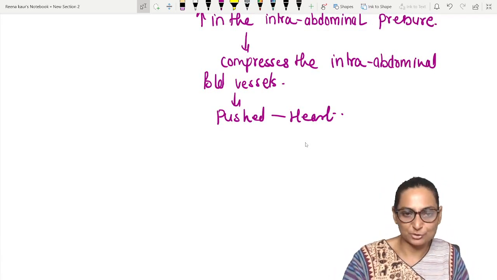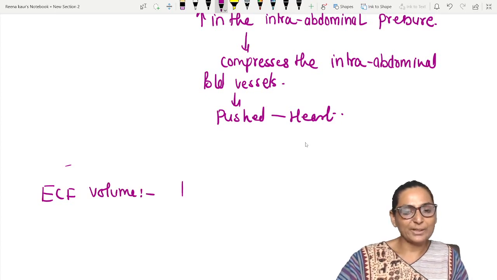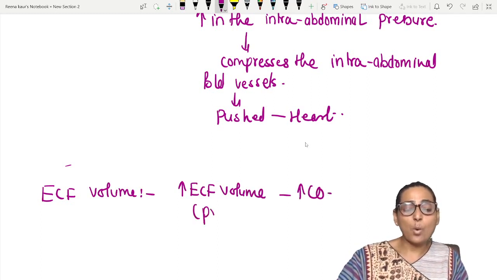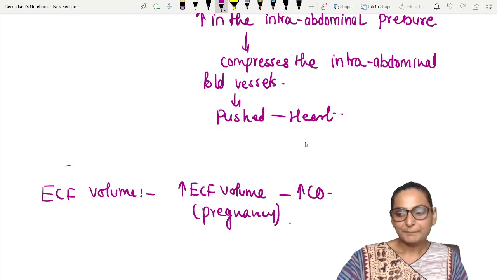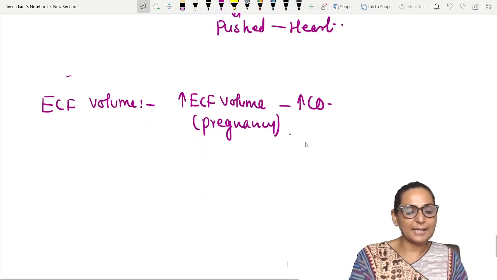Now, what is the role of the ECF volume? Whenever there is an increase in the ECF volume, obviously there is going to be an increase in cardiac output. A very common condition is pregnancy, where there is lots of hemodilution and an increase in the cardiac output.